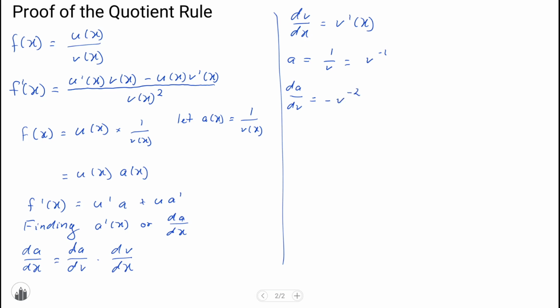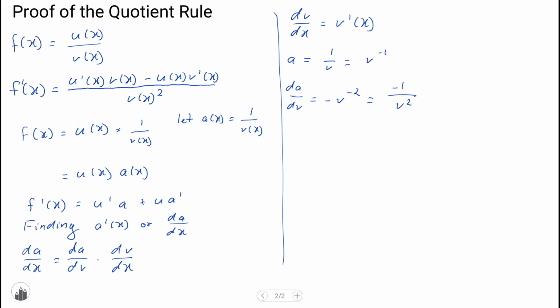And, well, we can rewrite that again to make it look a little bit easier to look at. So this becomes -1 over v squared. And this should already look kind of familiar. You can see that we've got a v squared over here. Remember, v is still just our original function, v of x, right? So this is already our v of x squared over here.